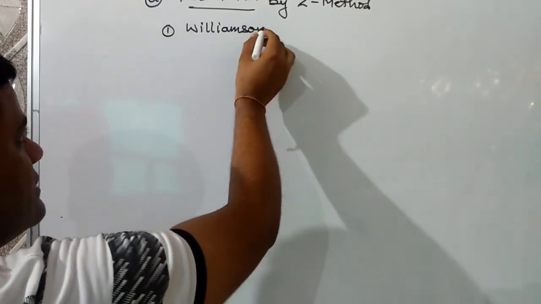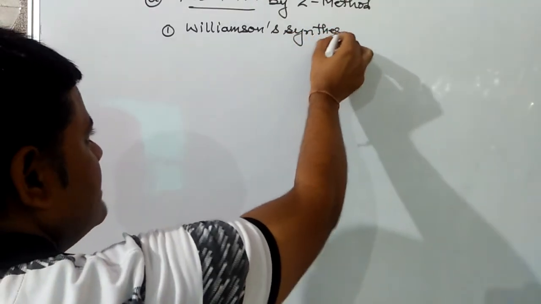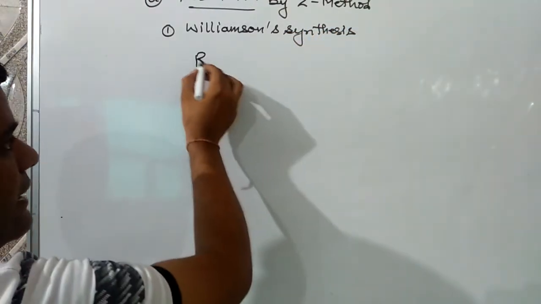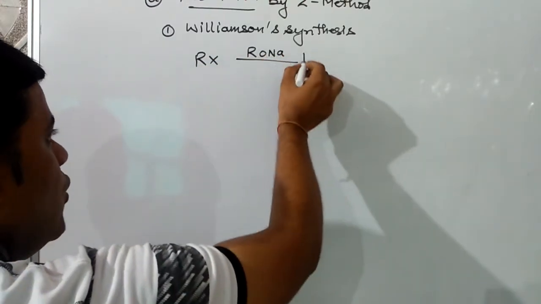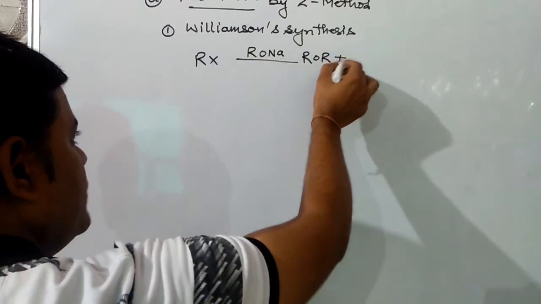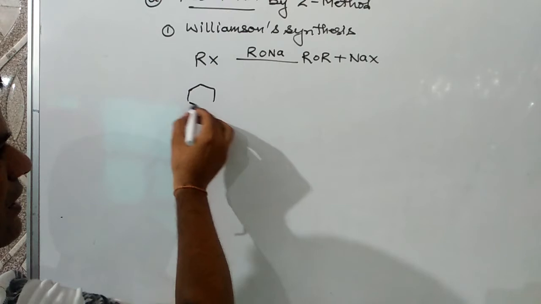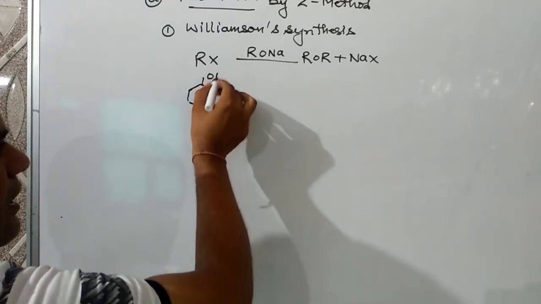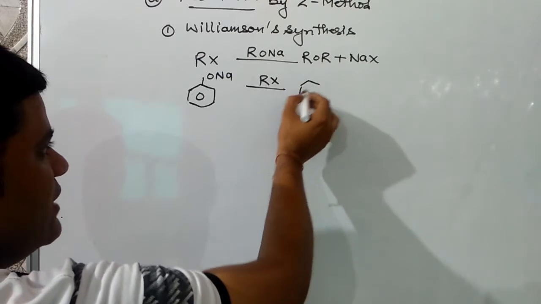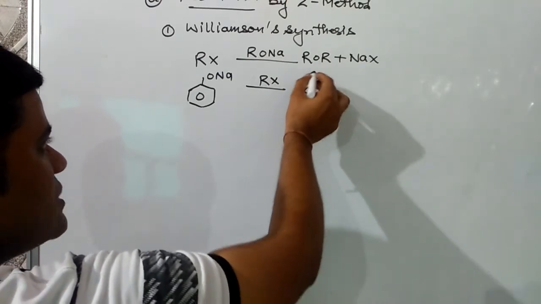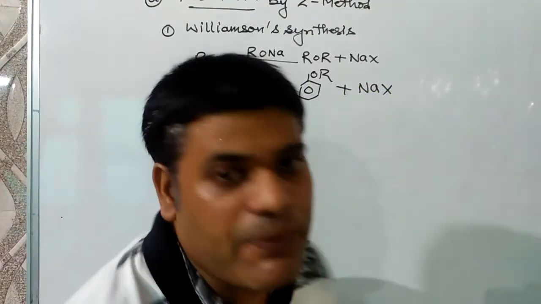In Williamson synthesis, haloalkane reacts with sodium alkoxide or sodium phenoxide to produce ether as a product.